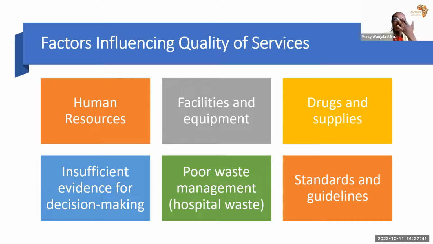Because if you have a healthcare facility where you have one healthcare worker seeing 100 patients a day, then you have a problem with the quality of services that you're delivering, because this person is stressed and overworked, and because of the long queue, they will focus more on clearing the queue than offering comprehensive and quality services.